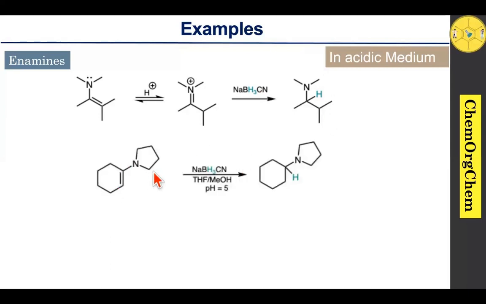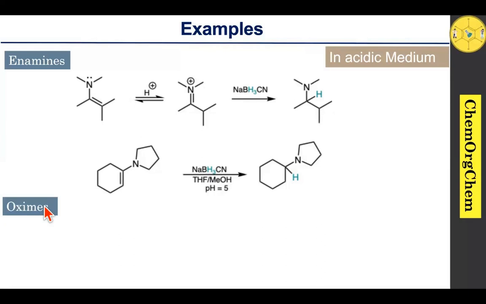Let's see some examples. Here you see this enamine is prepared from cyclohexanone with pyrrolidine. When you treat it with sodium cyanoborohydride, that will quickly convert it into the corresponding aminated product.